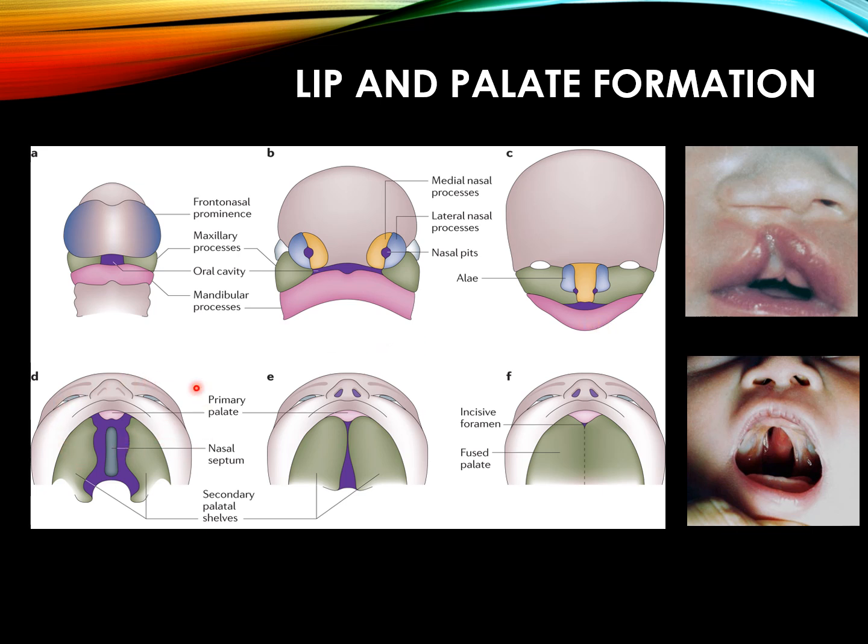Sketch D is during the sixth week of embryogenesis. The secondary palate develops as bilateral outgrowth from the maxillary processes, which grow vertically down the side of the tongue.